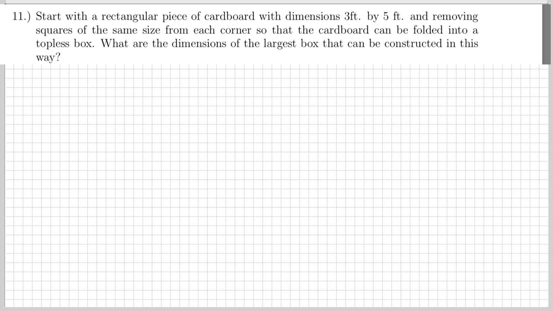Okay, so this is the practice test. You start with a rectangular piece of cardboard that is 3 by 5.